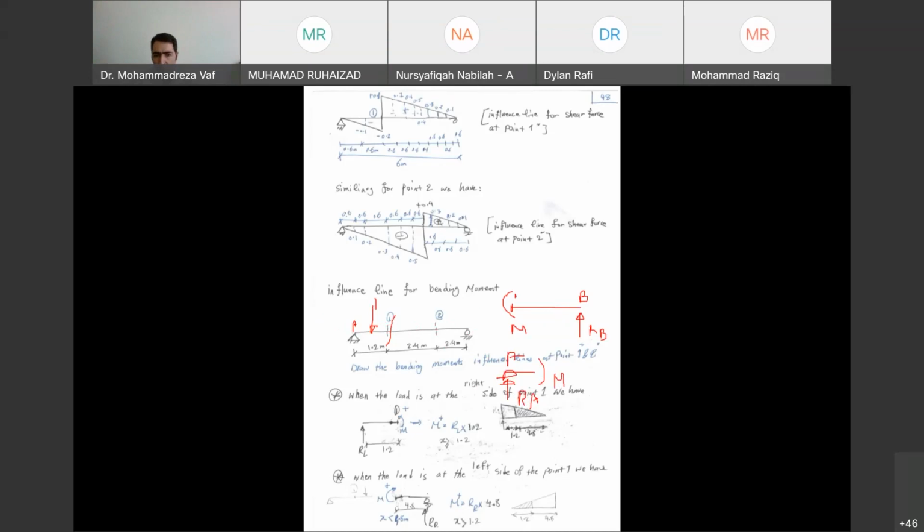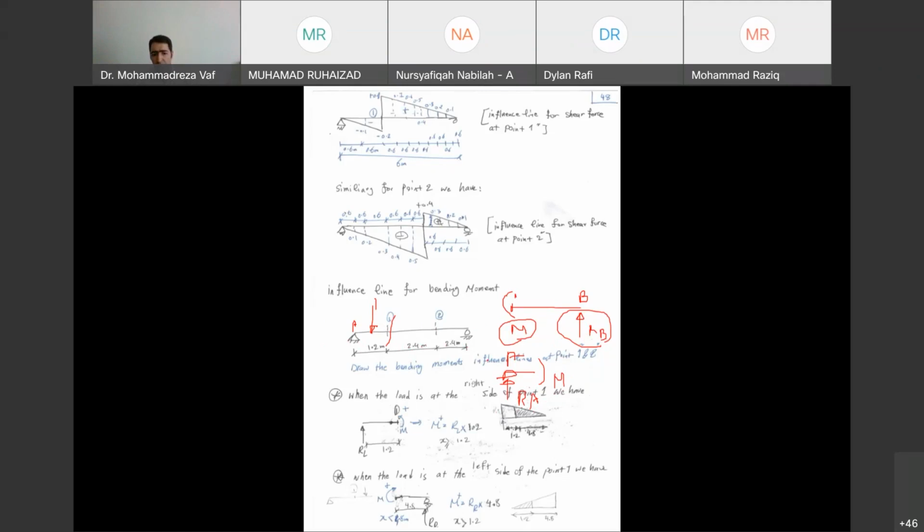For both cases, M is RB multiplied by this length, and here M is RA multiplied by this length. So if you have the influence lines for RA and RB, you just need to multiply them by 4.8 here and 1.2 for this diagram to get the value of M.